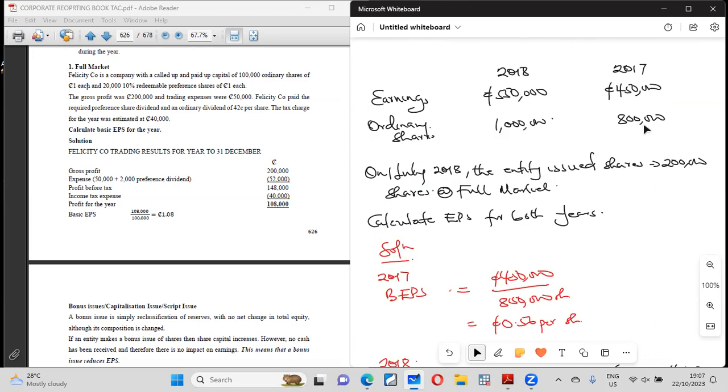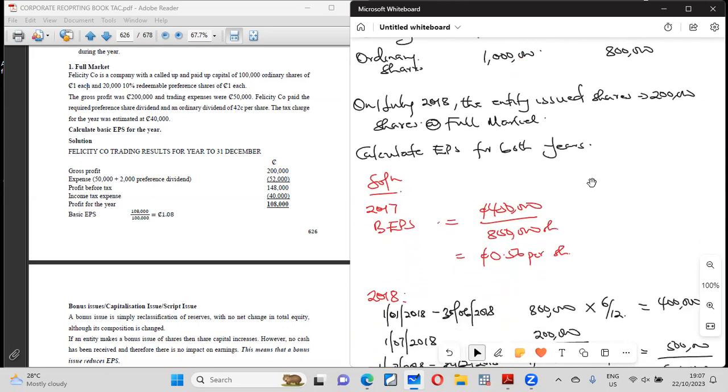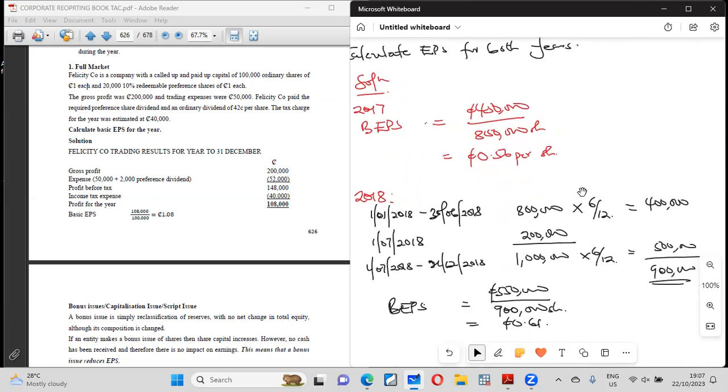That's why the 800,000 shares became 1 million at the end of the year. So 800,000 shares lasted for 6 months, and they issued an additional 200,000 to make it 1 million. And that one too will continue to the end of the period, 6 months. So I want you to follow how it has been done.